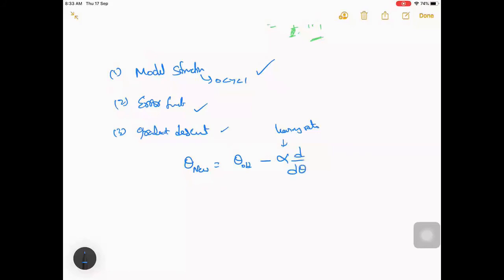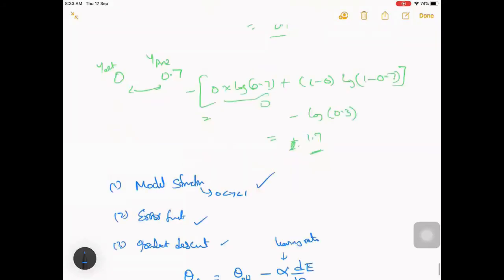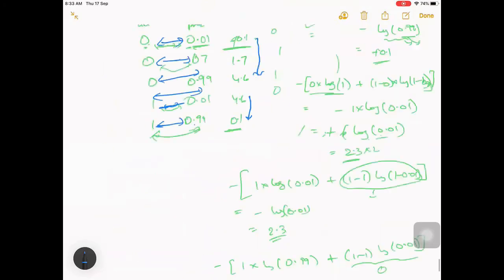If you do this as an iterative process again, you will get your loss minimized toward 0, and you will get new theta values. So this is what we'll be using.